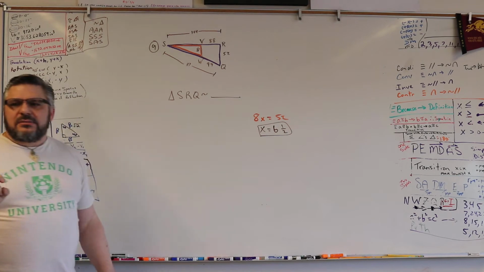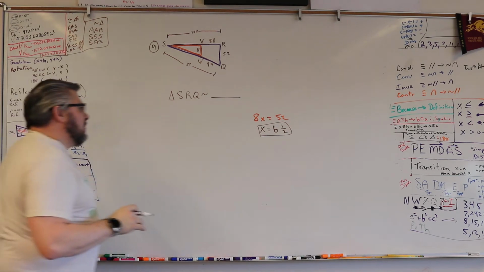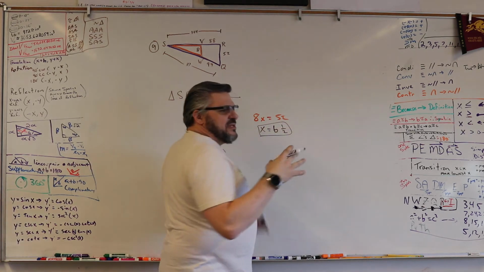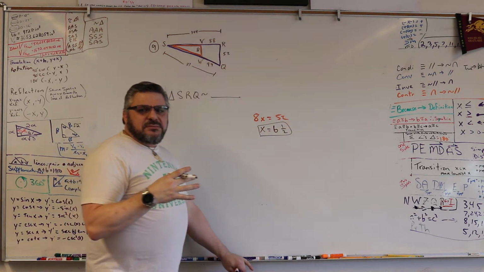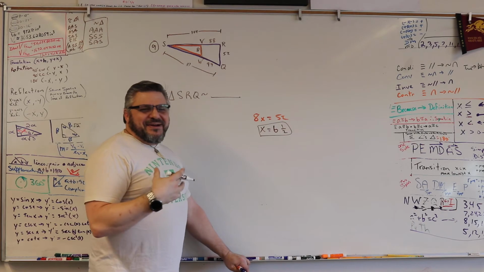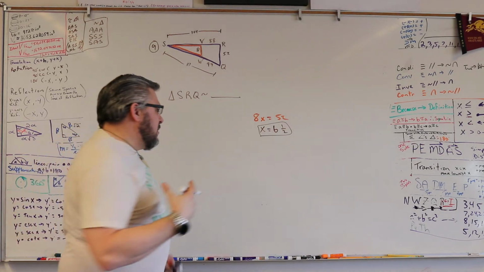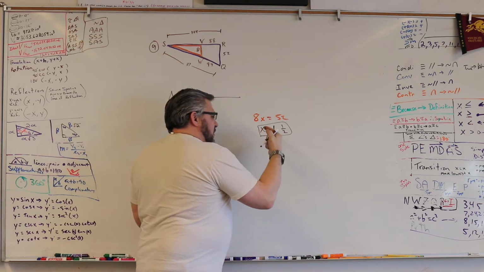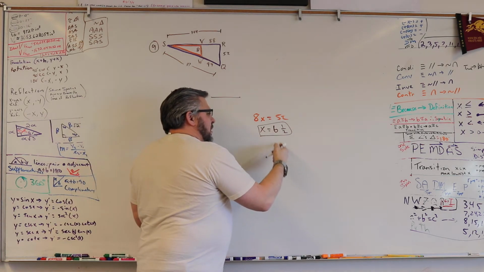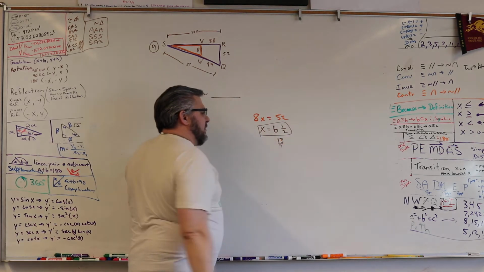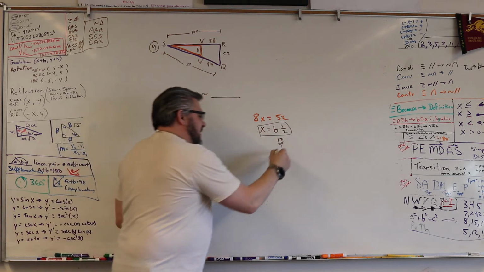That's our ratio. So how do I turn this mixed fraction into an improper fraction? 6 times 2 is 12, plus 1, so 13 over 2. So in other words, that's 6.5.